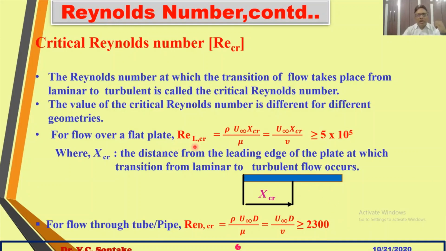Now here one more point I would like to discuss. The way I have represented the Reynolds number for a flat plate, as you can see, Re suffix L, it is the Reynolds number for flow over a flat plate, because the characteristic length for a flat plate is the linear dimension L. At the same time, the notation for Reynolds number for fluid flow through the tube is Re suffix D, because the characteristic length for fluid flowing through a tube of diameter d is capital D. So Re suffix D will represent Reynolds number for fluid flowing through a tube, and Re suffix L will represent Reynolds number for fluid flowing over a flat plate.